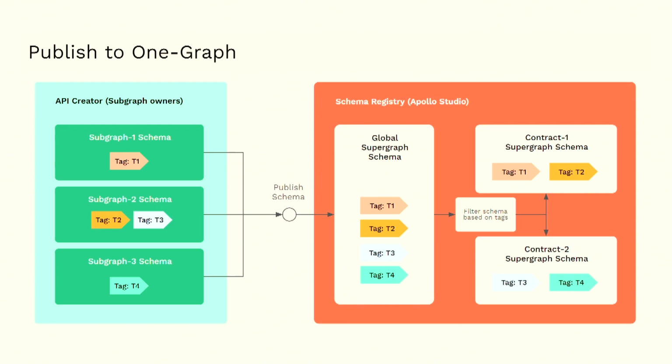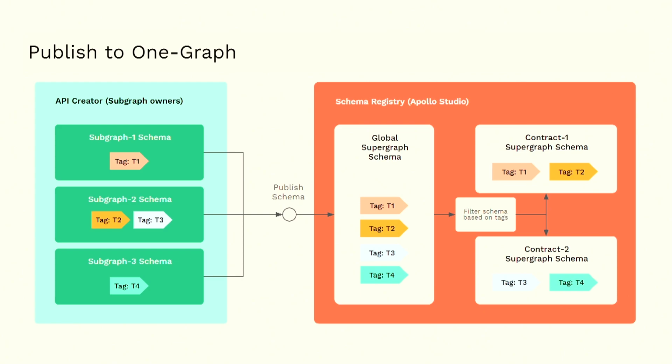We could have multiple of them, like in this case, contract 1 supergraph schema has tag 1 and tag 2. These tags 1 and 2 could come from any of these subgraphs, it doesn't matter, because it's going to filter only from here, and all these are going to be merged into one supergraph. All the naming conflicts and other issues would be resolved at this point when you're publishing it, and then you could split based on this.